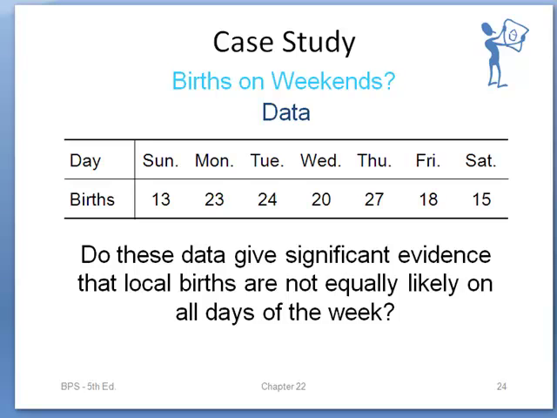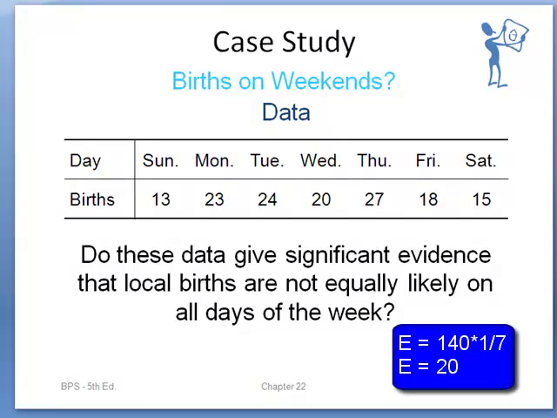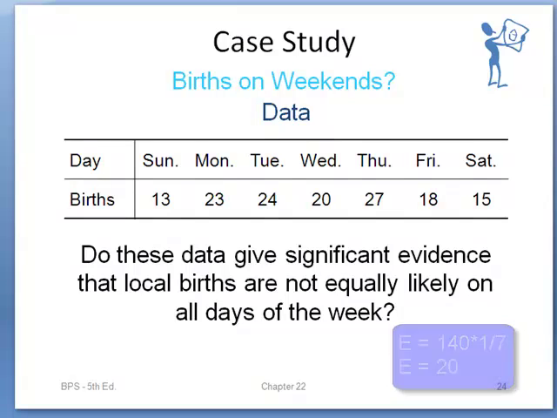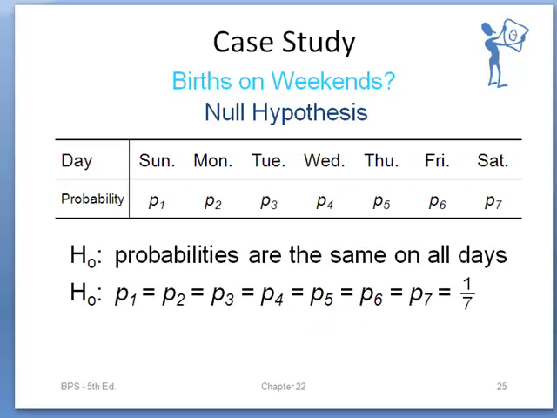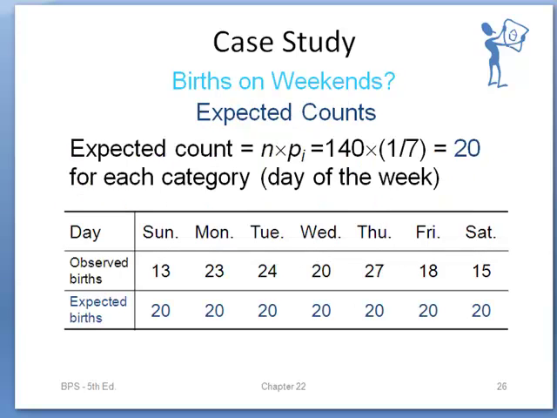We're looking at 140 births. We've got 7 days each week. We would assume that there should be 20 births each day. So our null hypothesis would say that p1, p2, p3, p4, and so on for all the days of the week is 1/7 for each of the days. So, as you can see, n, which is 140, times 1/7, that's 20.